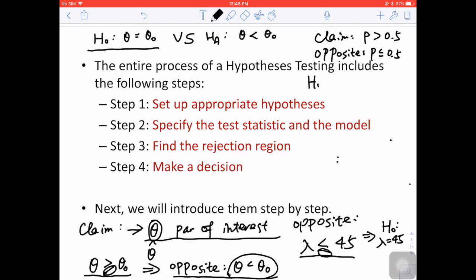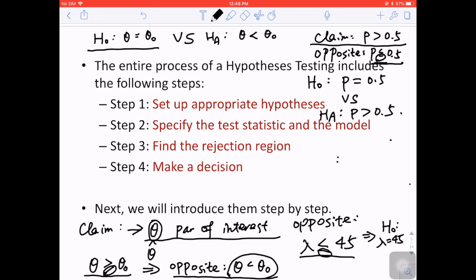So my H0 would be, first of all, find where the equal sign is. Okay, so it's P is equal to 0.5. So the alternative hypothesis is the opposite side of your chosen statement. Because you have chosen this one, its opposite side will be your alternative hypothesis. Okay, so that's how we set up an appropriate hypothesis.